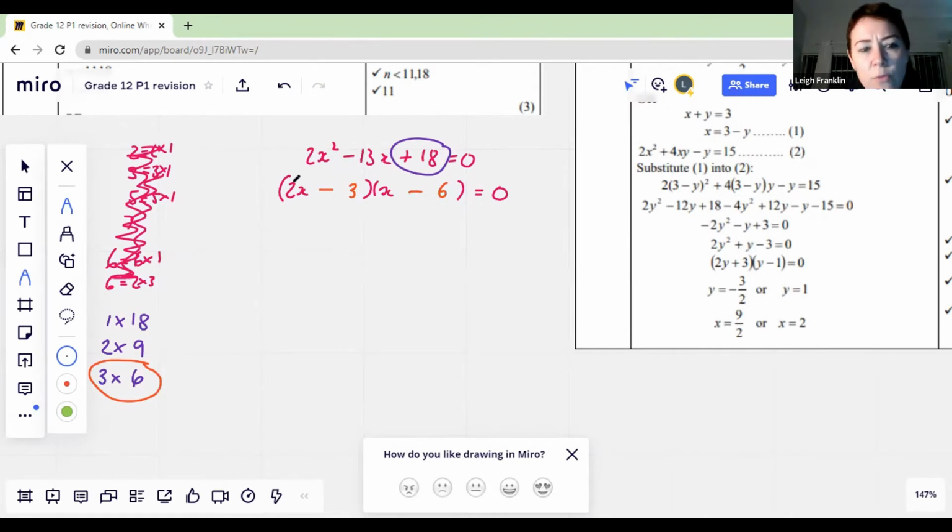If we test this, we'd end up with 12x minus 3x. That's not going to give us minus 15. Okay, so that didn't work. Don't give up, rub it out, and try something else. Let's swap it around now, okay? Oh no, that won't work either. Why will it not work if I put the 6 here and the 3 there? Does anybody know why that won't work?